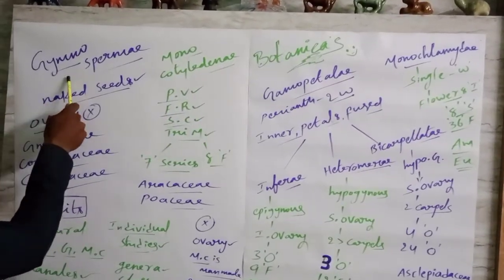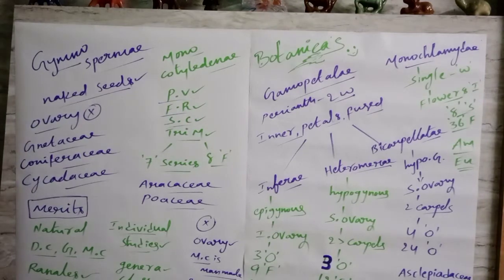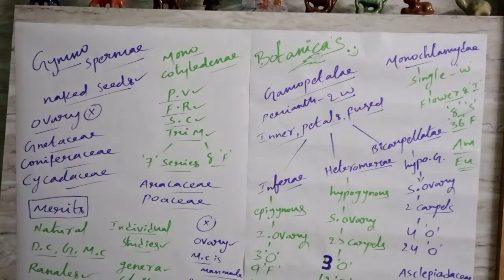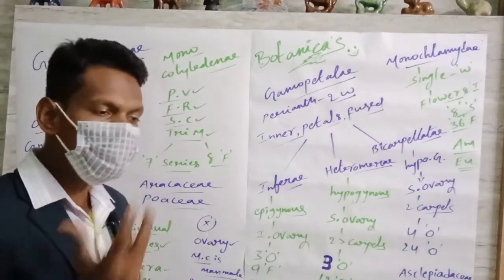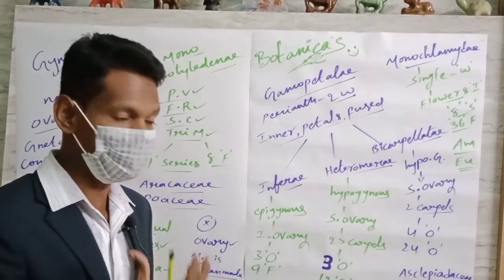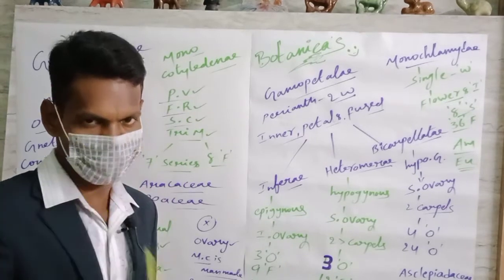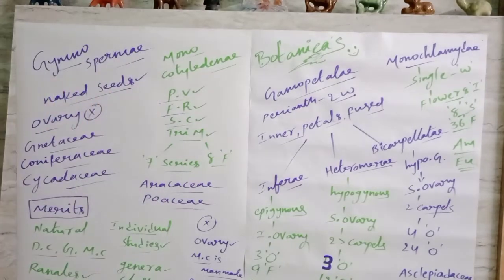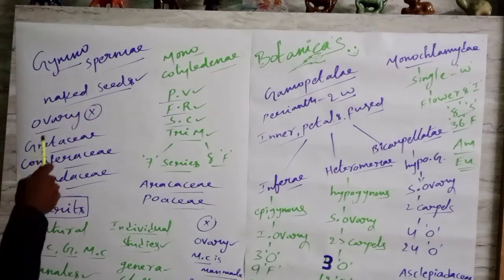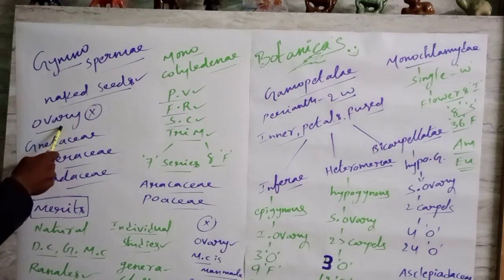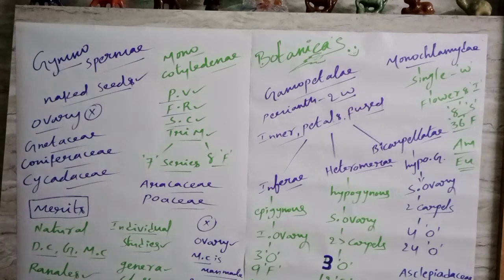So, gymnospermae is the next class. Gymnosperms, in the sense, mean naked seeds. In the sense the seeds are not located inside a fruit. So, seeds are visible and naked to our eyes, because of which scientists have given the name gymnospermae. And one more unique part: ovary is absent.